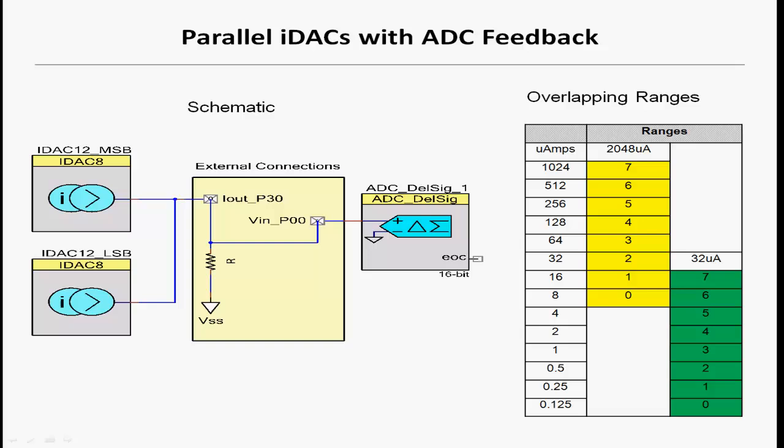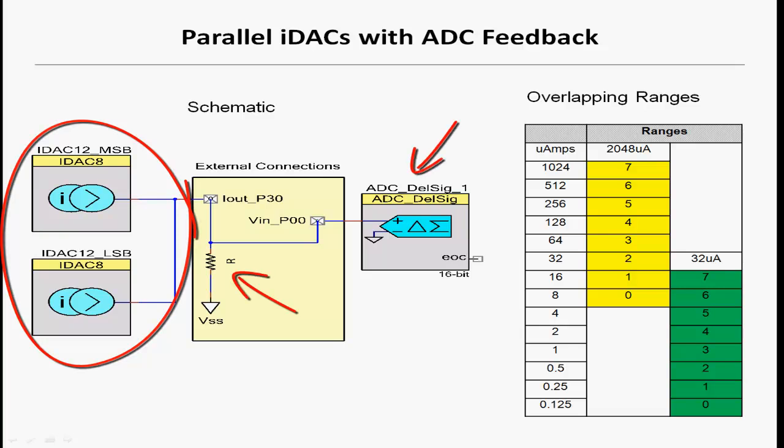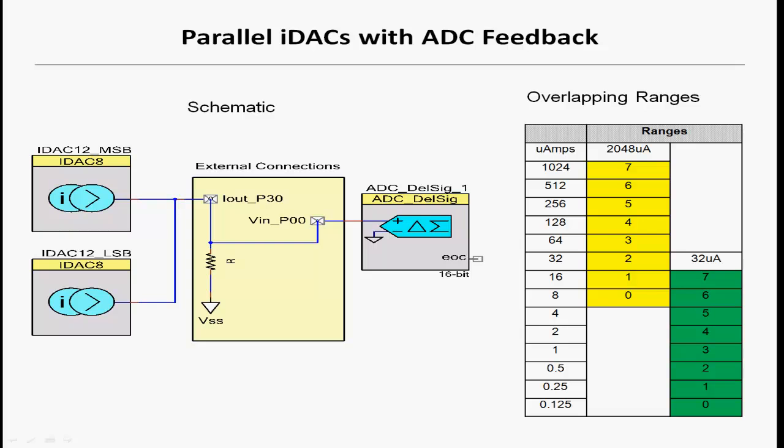This concept is the same as the PI DAC with the parallel current DACs, but you add an external resistor and a delta sigma ADC. The two parallel IDACs are set to the 2 mA and the 32 microamp range to achieve 14 bits of resolution. Since the IDACs are not linear to 14 bits, firmware is used to adjust the two IDACs with feedback from the delta sigma ADC to adjust to the closest fit.